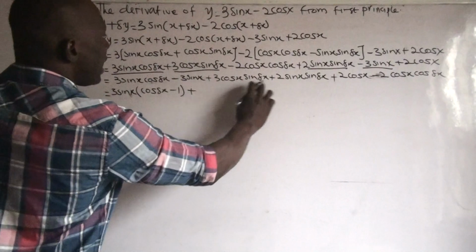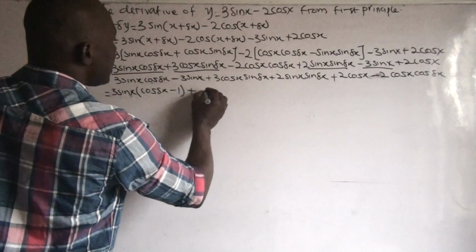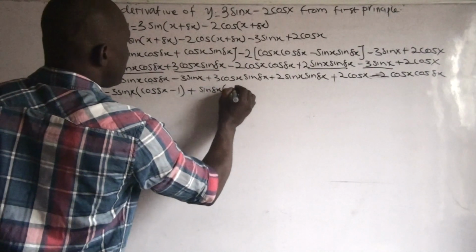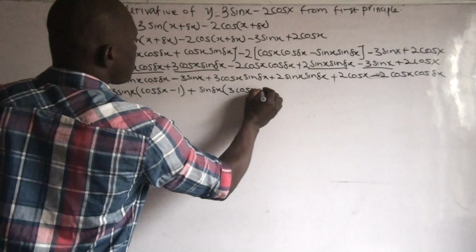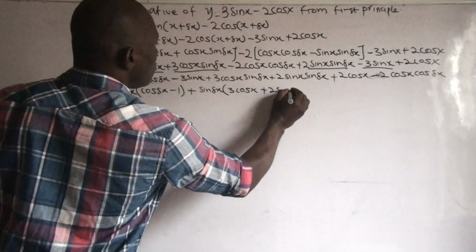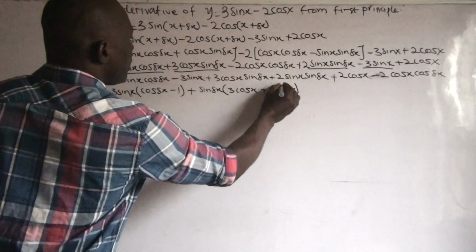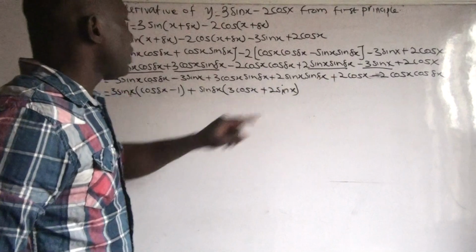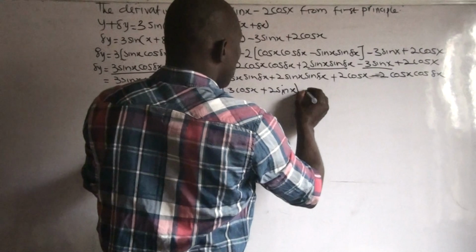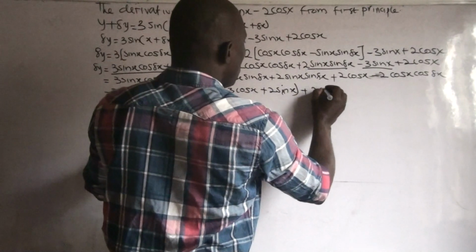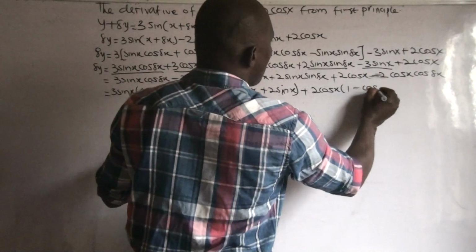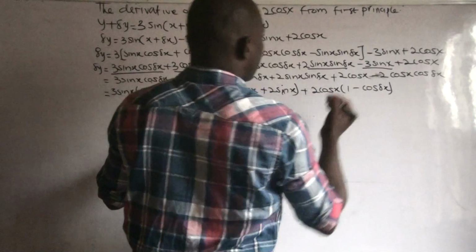Then plus, here we're going to factor out sin delta x, open bracket, 3 cos x plus 2 sin x. So the common factor here is sin delta x. Then the common factor here is 2 cos x. We factor it out, and here becomes 1 minus cos delta x.